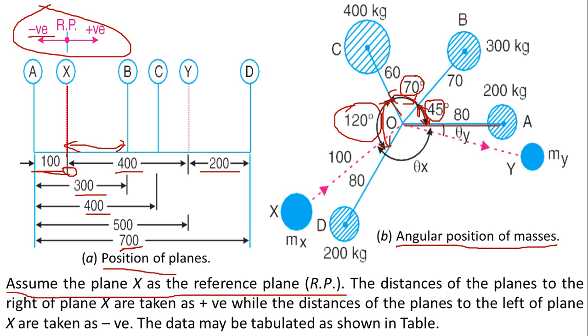Always, when you draw on the sheets, take all this on one side of the sheet only. In the exam, you will be getting one big sheet, that is an A1 sheet, and there you can solve comfortably with a good scale. Along with your answer booklet, you will be getting the sheet also.